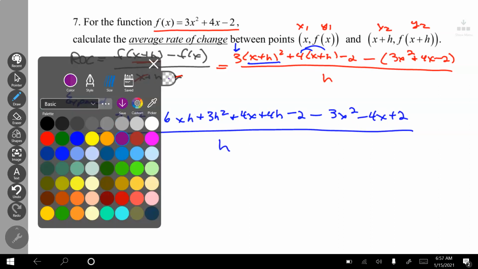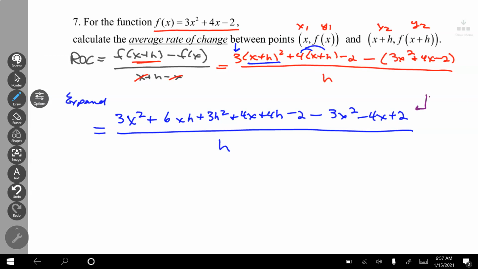And this is my favorite step. Now you've got to start to cancel. Everything without an h better cancel out. If you're left with a term that doesn't have an h in it, you've got to say to yourself, I messed up. 2 has a buddy, negative 2, negative 4x has a buddy, positive 4x, and negative 3x squared has a buddy, 3x squared. I kind of do it in reverse.